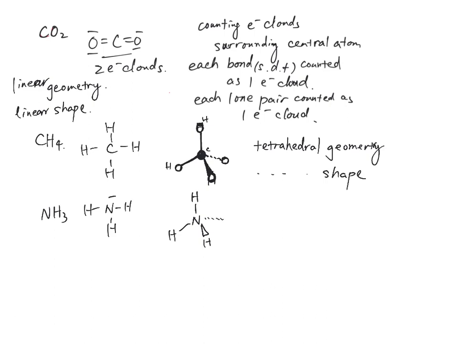Oh, I don't have a fourth hydrogen. This is it. Oh, forgot one thing. The angle here is 109 degrees for the tetrahedral geometry. Same deal for ammonia, only the difference is this time, let's put that hydrogen there, to make it easier to look at.